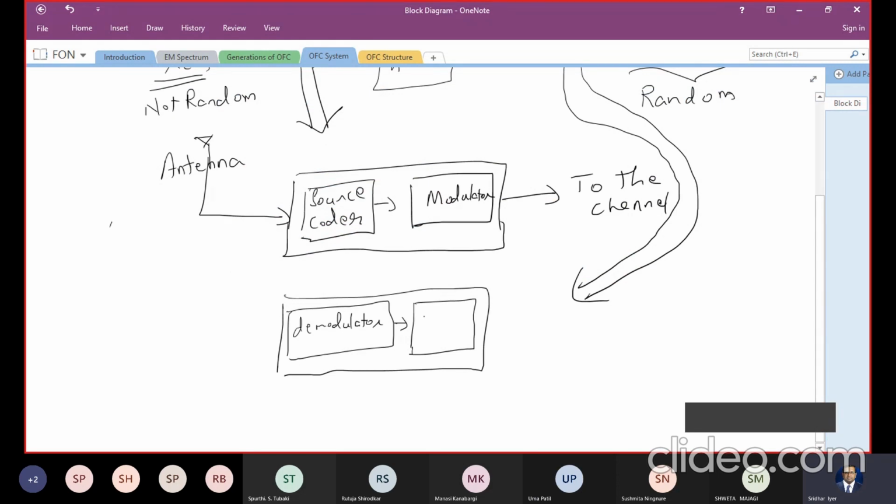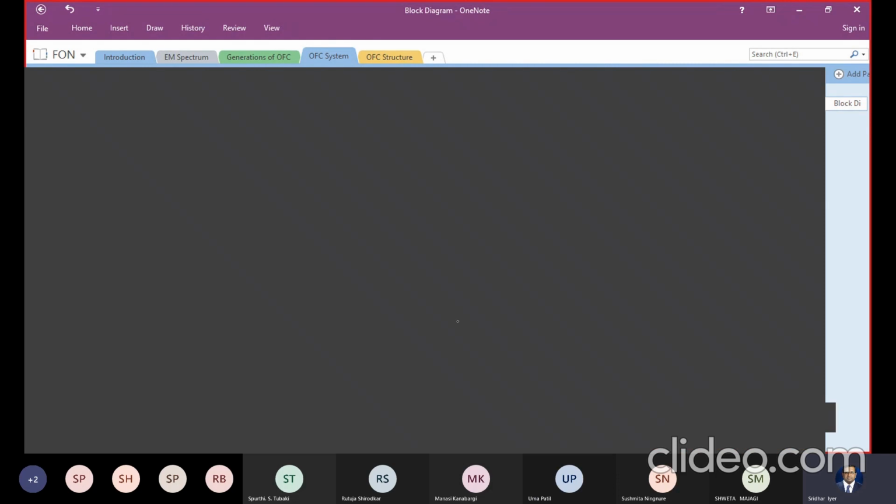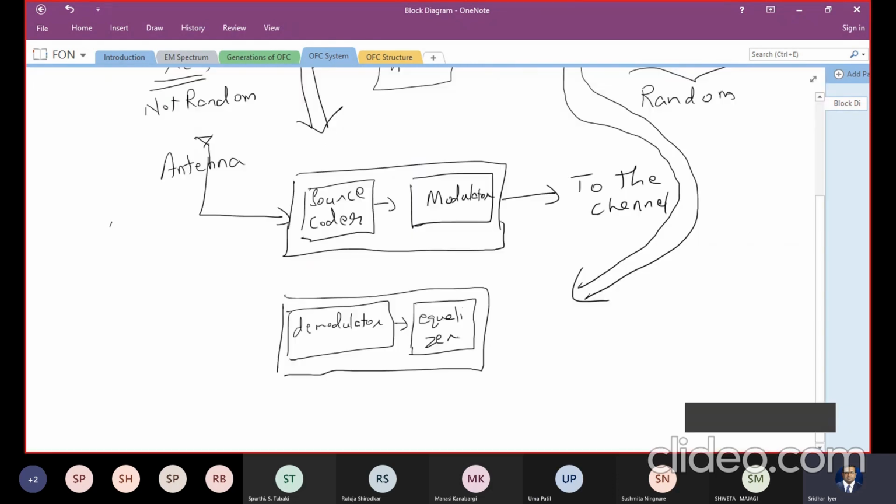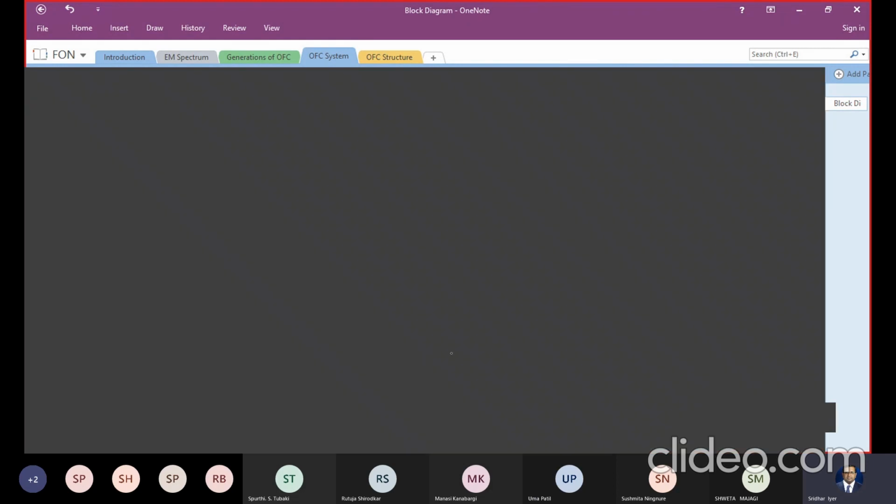But there is nothing called a receiver coder. It is basically what is known as an equalizer. Okay. You will also see this equalizer being called sometimes an equalizer filter.